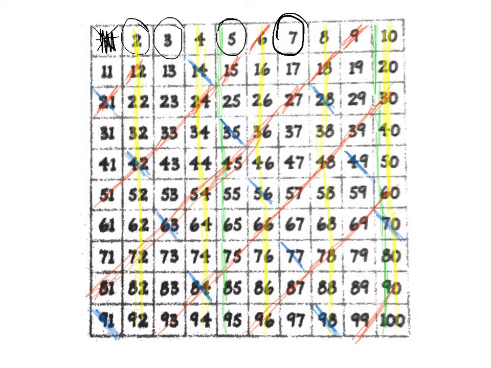Those are all multiples of 7, meaning that they have 7 as a factor.